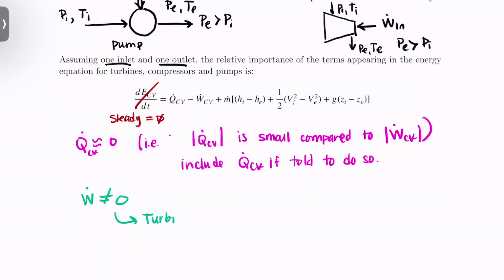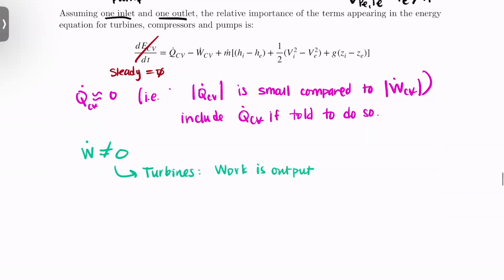Turbines, the work is output. So we have W dot CV is greater than 0, which means then that W dot CV is equal to W dot out.